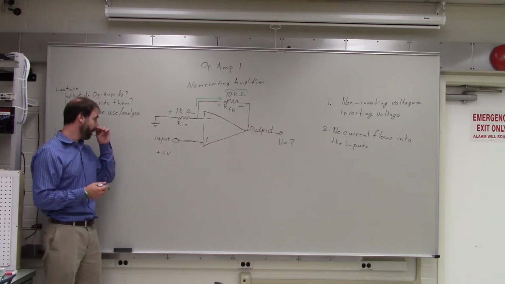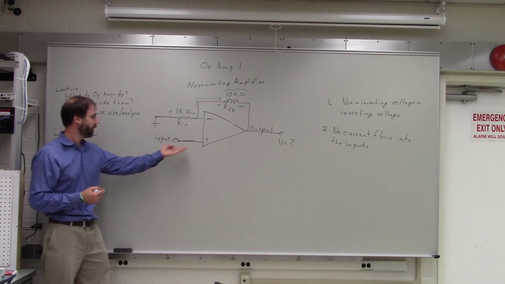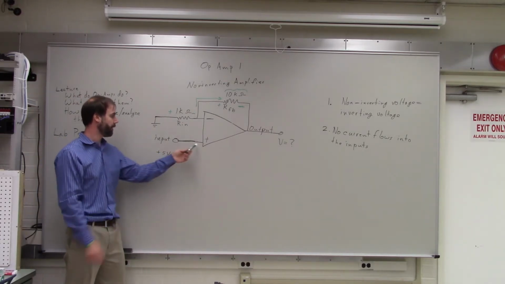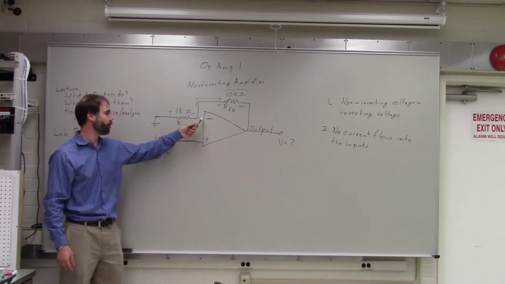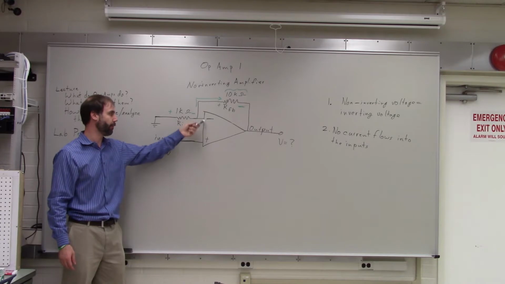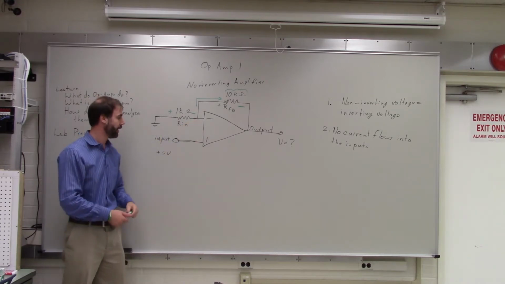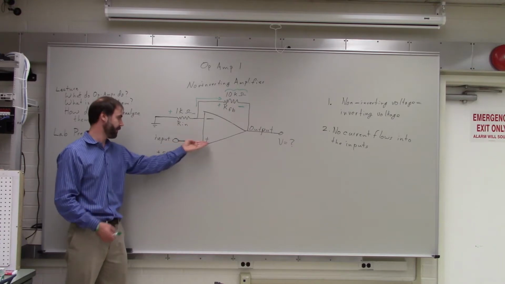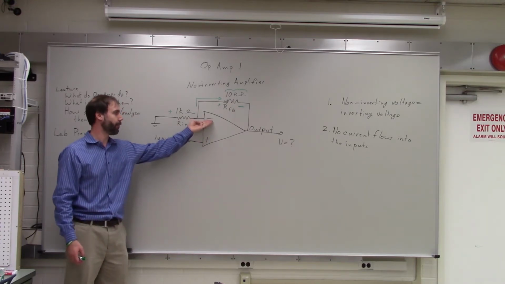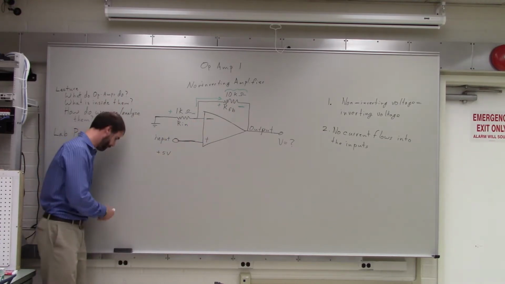We have 5 volts at the non-inverting terminal of the chip, so what is going to be the voltage at the inverting? 5. Thank you. They're both the same. I said it backwards. We have 5 volts at the non-inverting, so we have 5 volts at the inverting terminal as well.